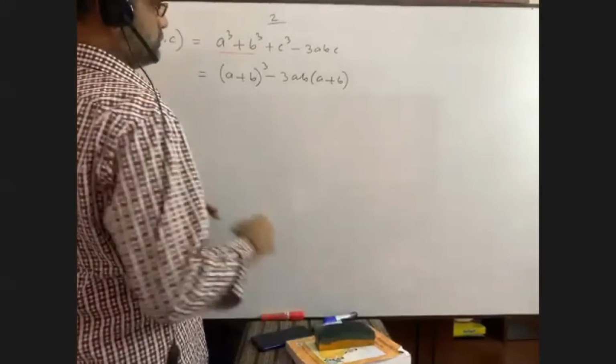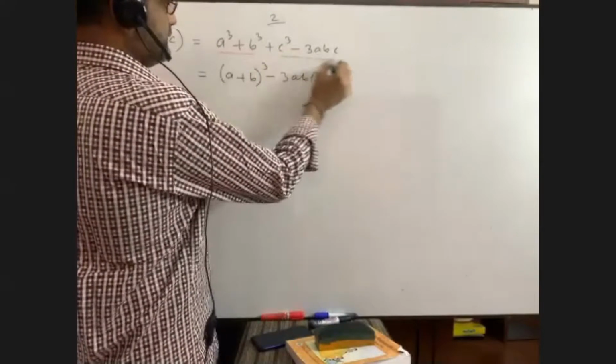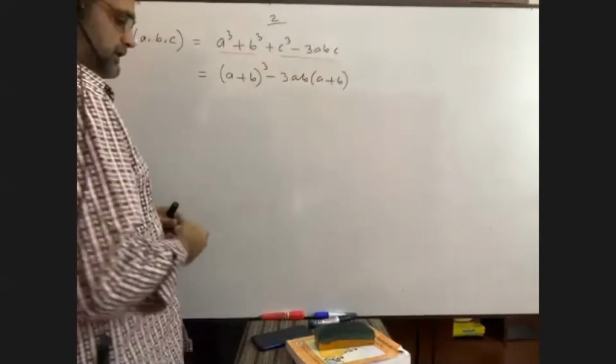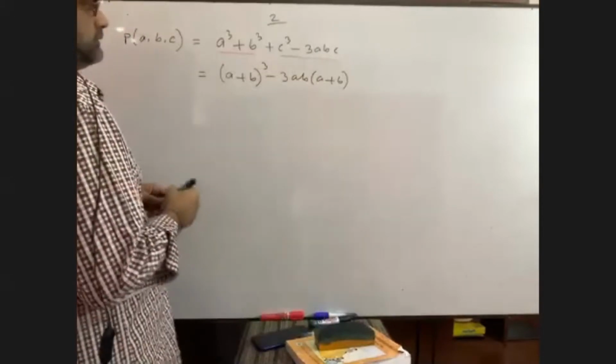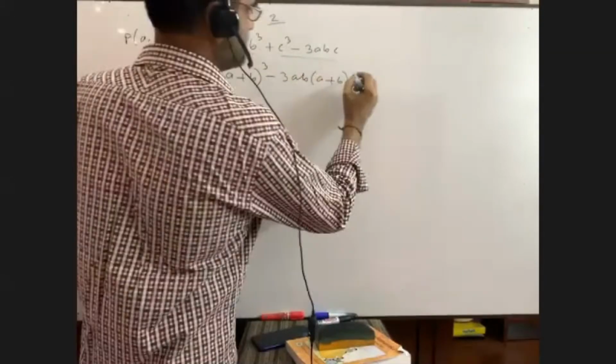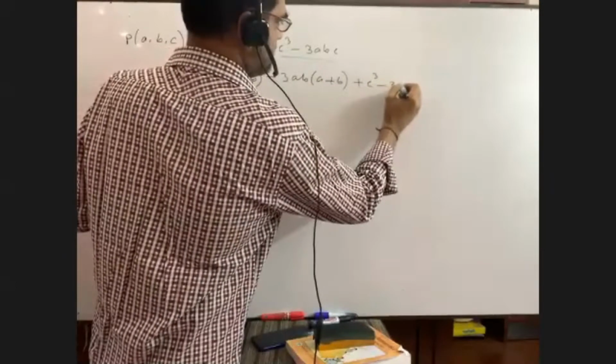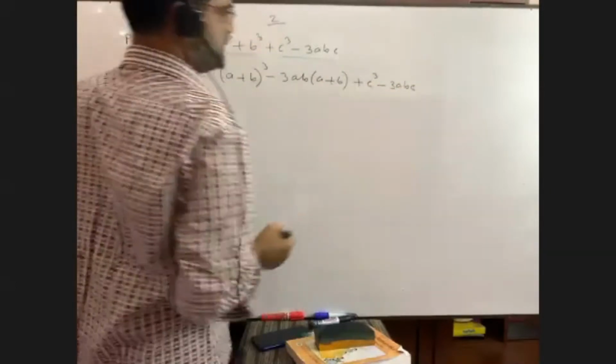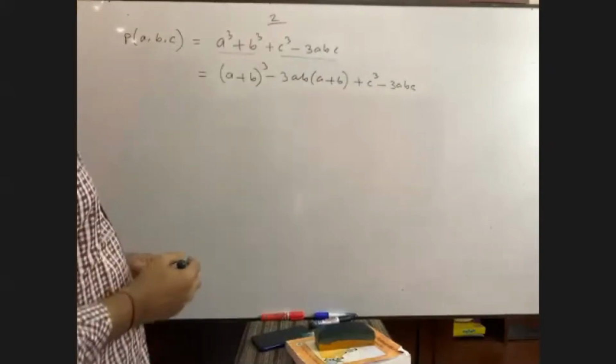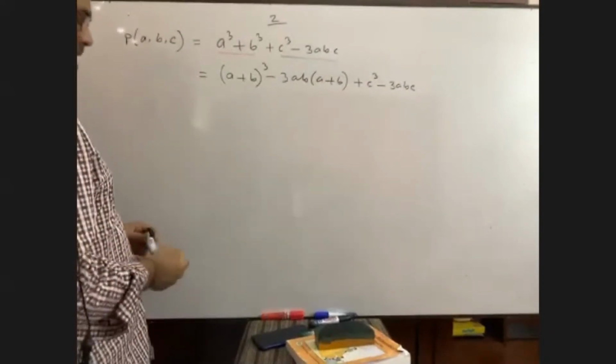Now the other two terms, just to maintain the formalities, you have to keep as they are. Plus c cube minus 3abc. Okay. Yes, sir.